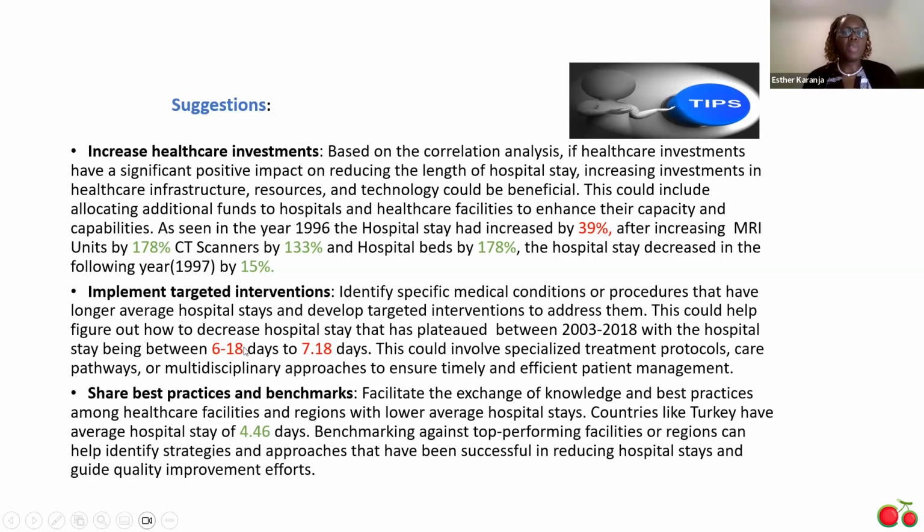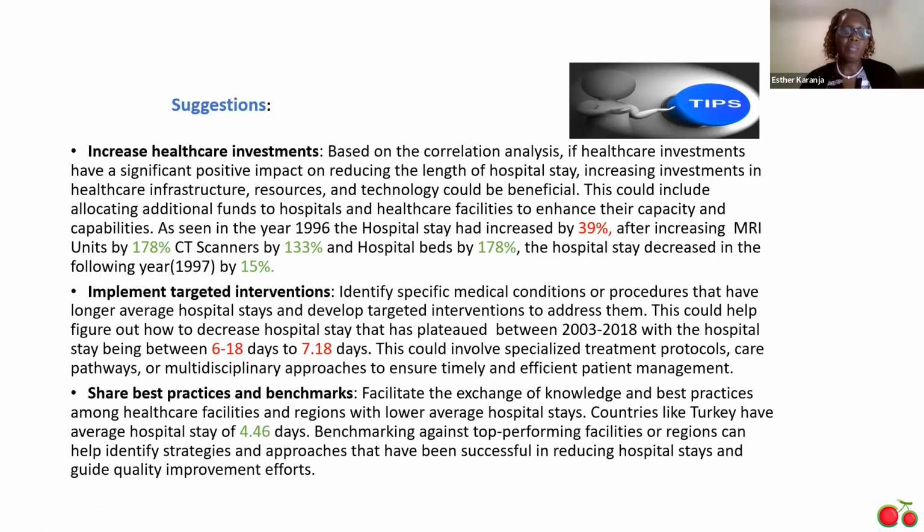For the plateau we have seen, some people have conditions or procedures that take longer days at the hospital. So hospitals can figure out how to come up with protocols, care pathways, or multidisciplinary approaches to ensure timely and efficient patient management.